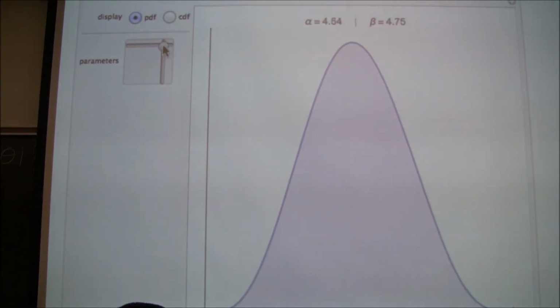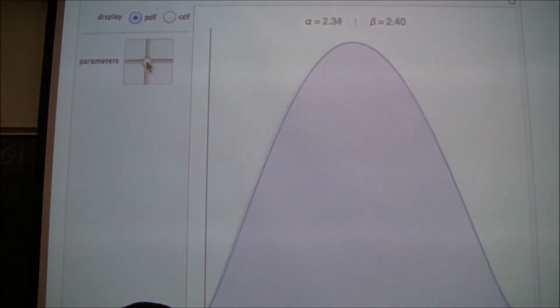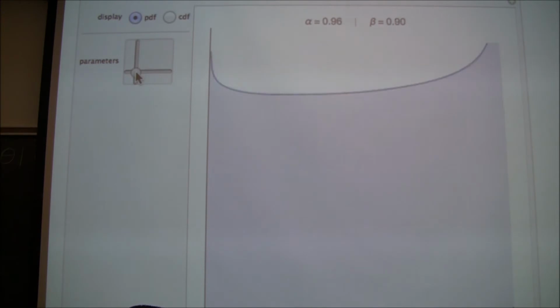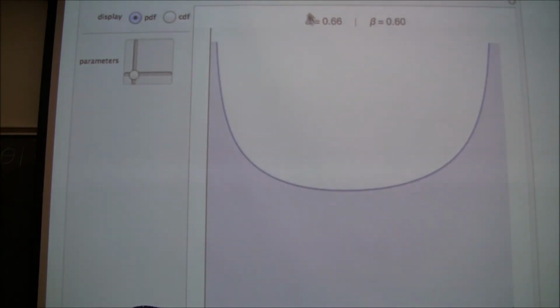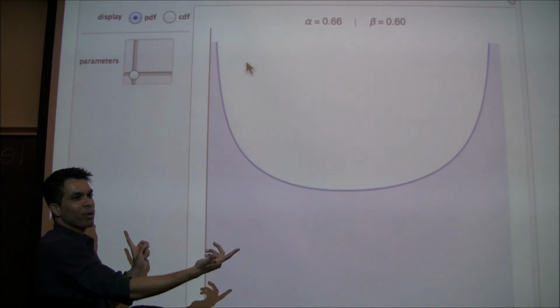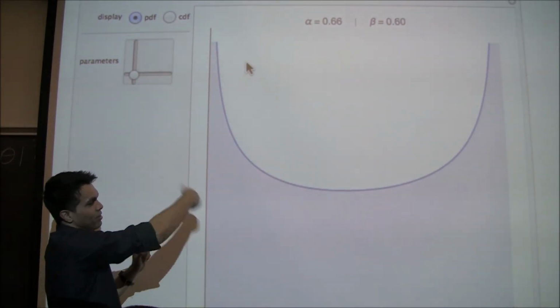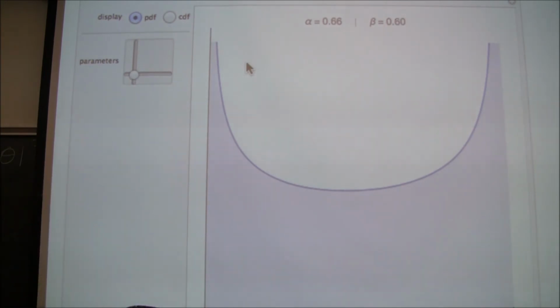As I take them closer to 1 and 1, the distribution becomes flatter and flatter. At some point, when both become less than 1, then the peaks of the distribution lie at the extremes. At this point, you don't know which way the coin is biased, but you're pretty sure the coin is biased, right? It's a perfectly valid distribution, integrates to 1, the coin could be biased either way.